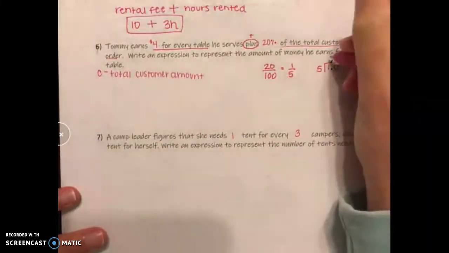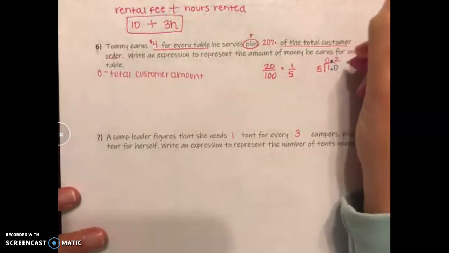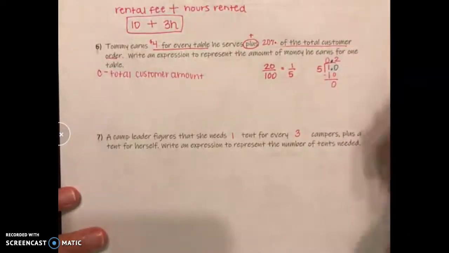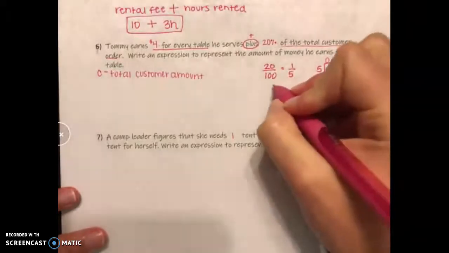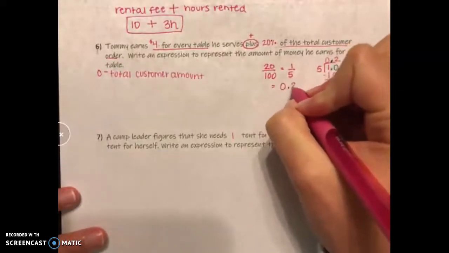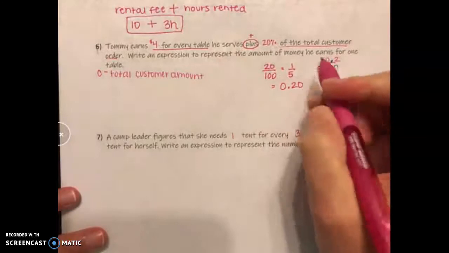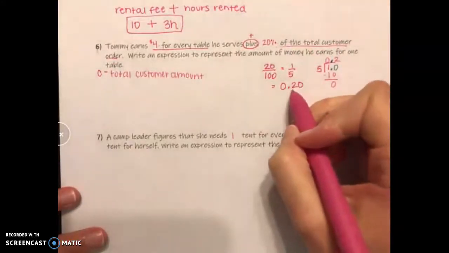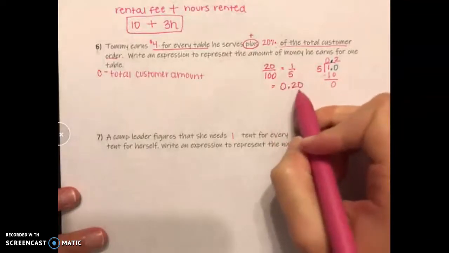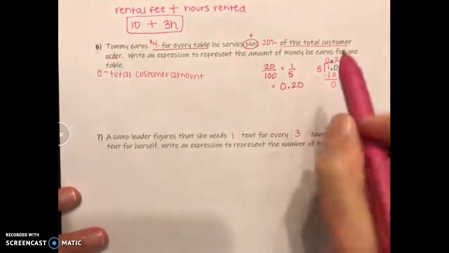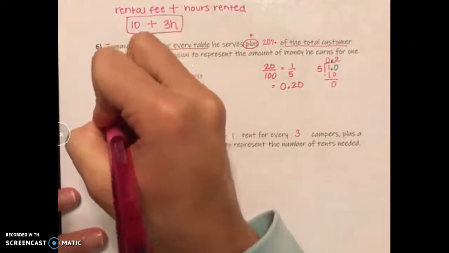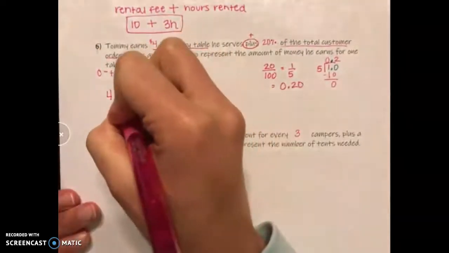Okay, so 5 goes into 1 0 times, 5 goes into 10 2 times, leaves me with 0, awesome. So this is going to equal 0.20, about 20 cents, which is the same thing as 20%. So 20% is the same thing as 0.2.